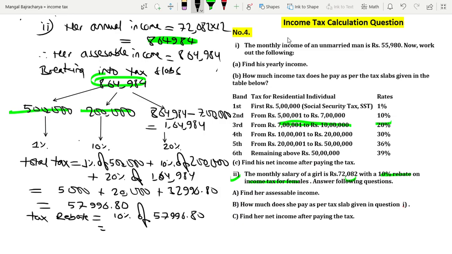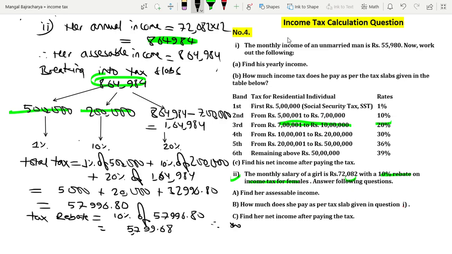So the 10% tax rebate will be here 5,799, is it, 0.68 rupees. So that is the tax rebate amount, and now it will be deducted and then we find the balancing tax, or the amount of tax she should pay.